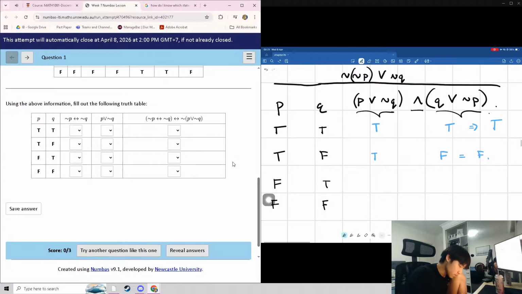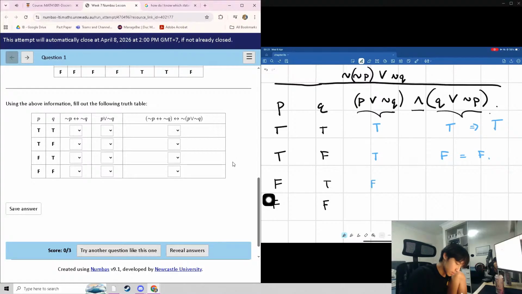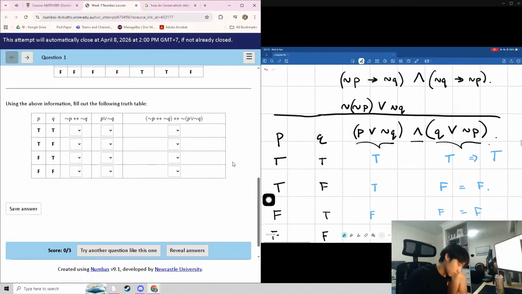Definitely. Okay, if P is false, it's fine. Is not Q true? Q is true, so this is false, actually. And so if that's false, then this is false. Okay, double false.